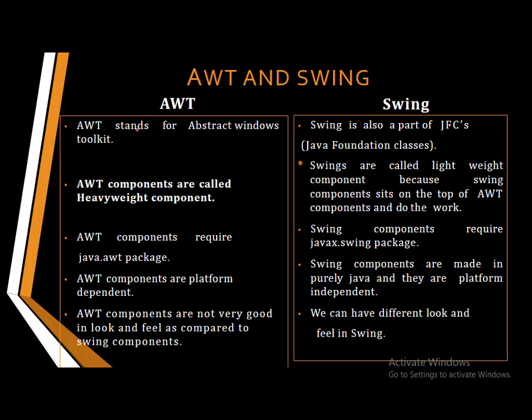So AWT stands for Abstract Windows Toolkit, while Swing is a part of JFC, Java Foundation Classes. AWT components are heavyweight, while Swing components are lightweight. AWT components require java.awt package, while Swing components require javax.swing package.